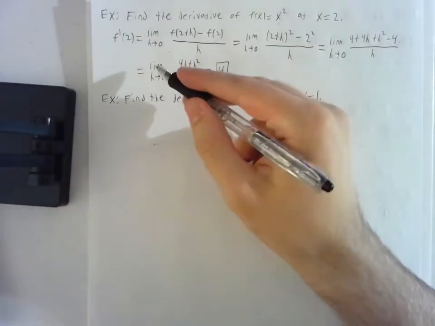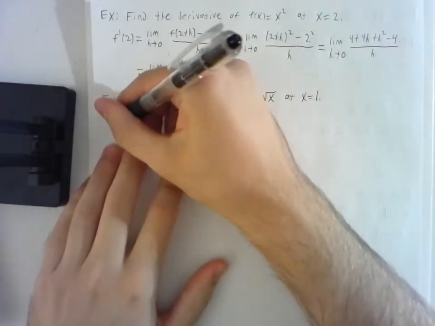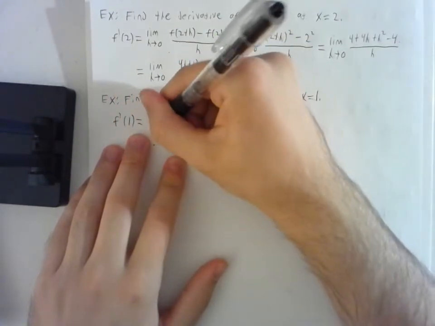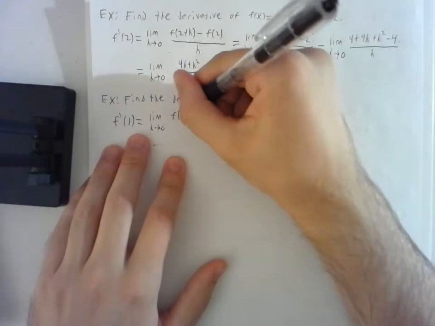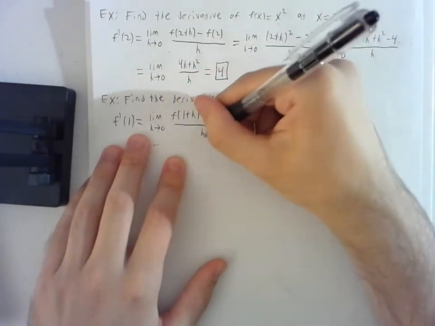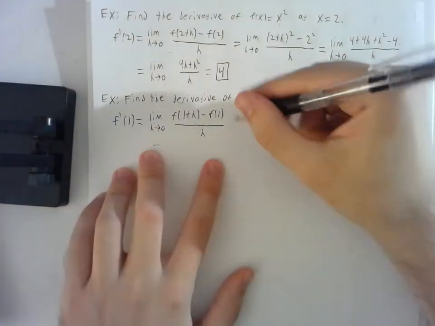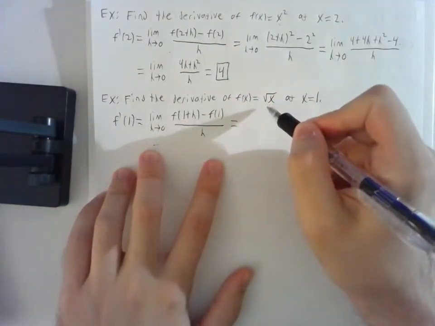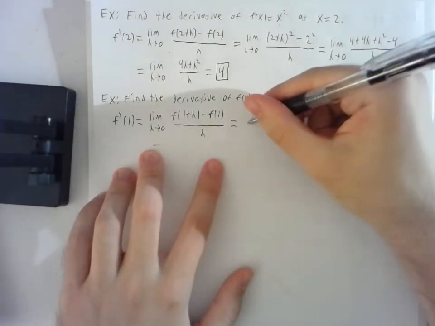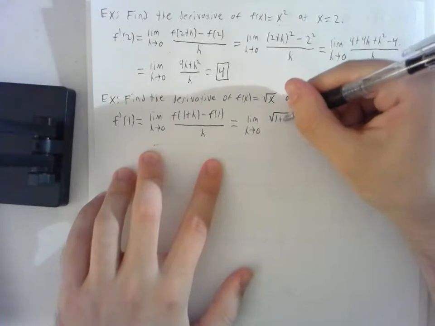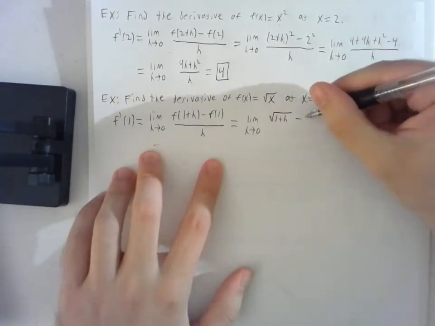So f prime of 1 is equal to the limit as h goes to 0, f of 1 plus h minus f of 1 divided by h. And then the next step is always to plug in what our formula is, in this case square root of x. So we get the limit as h goes to 0, square root of 1 plus h minus square root of 1, all divided by h.